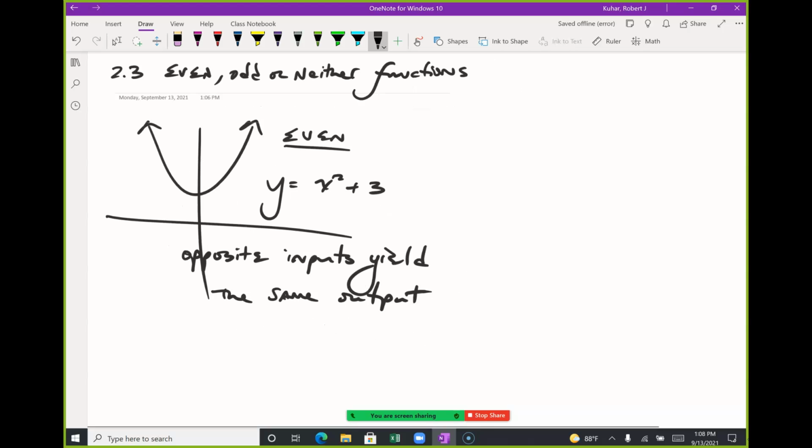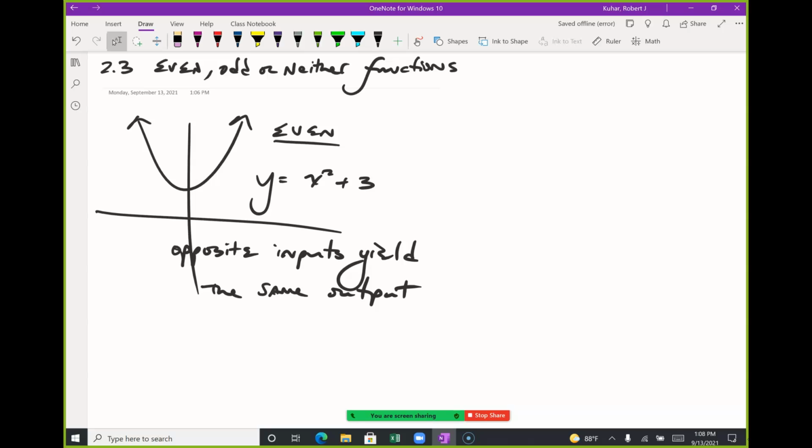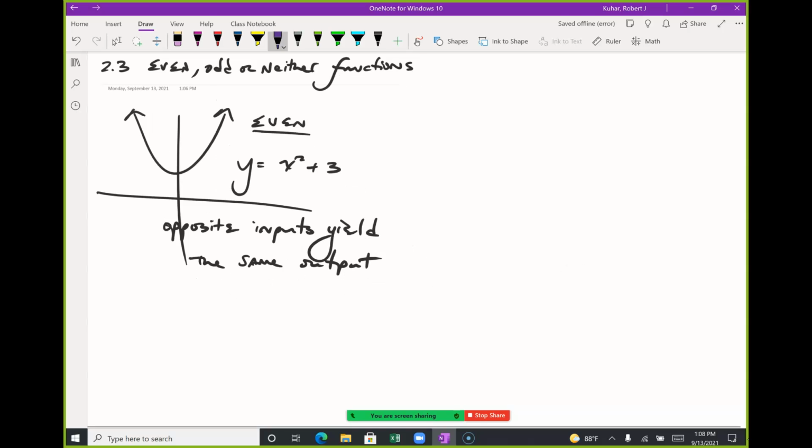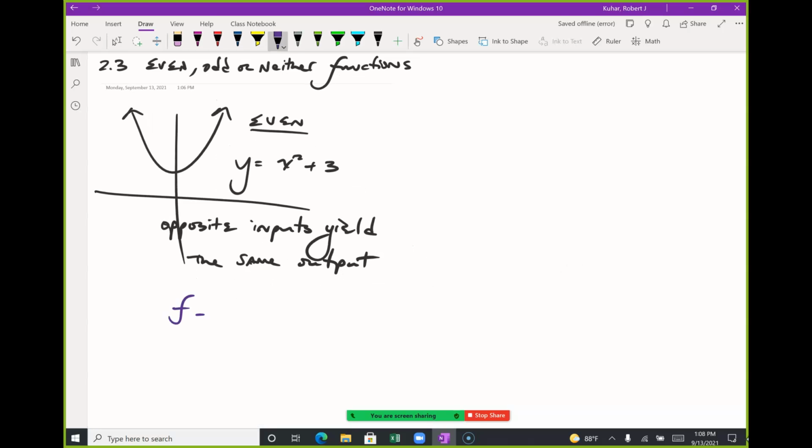And this is something very important when we start doing integral calculus. When we start doing integration, if our function is even, there are some shortcuts we can take. And so the key is that f of the opposite, if I put in opposites, I get out the same.